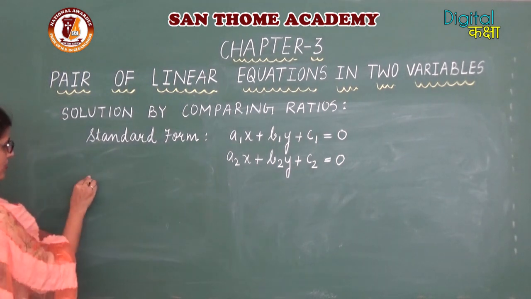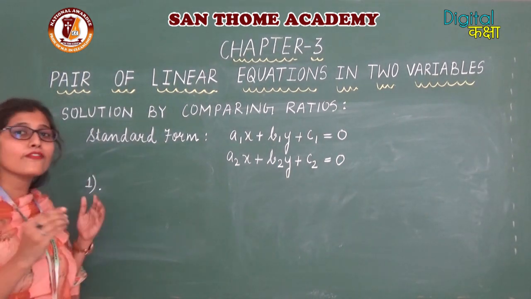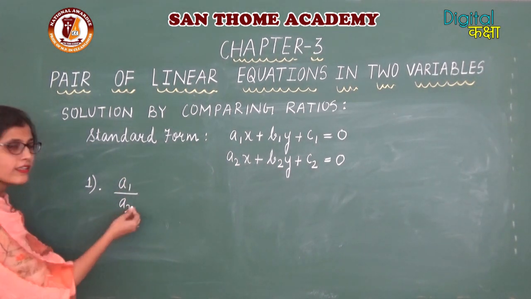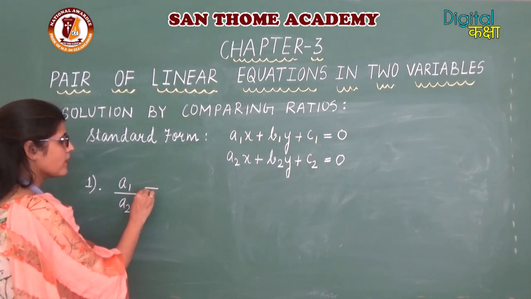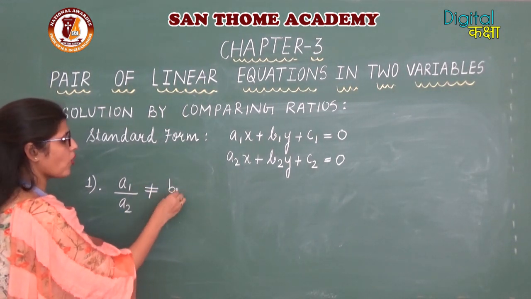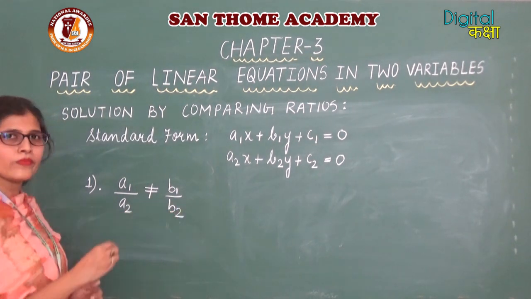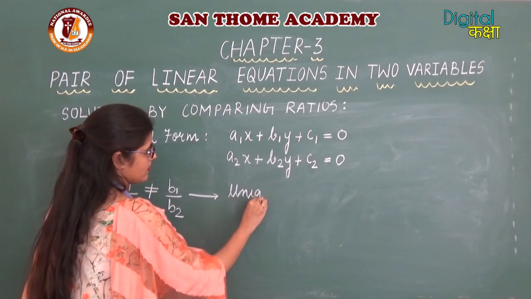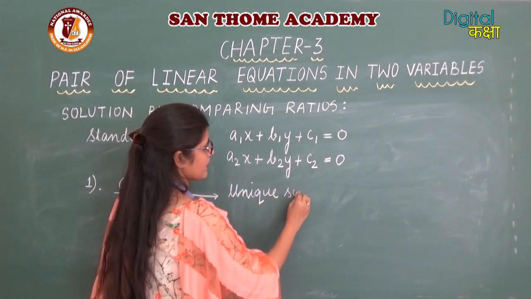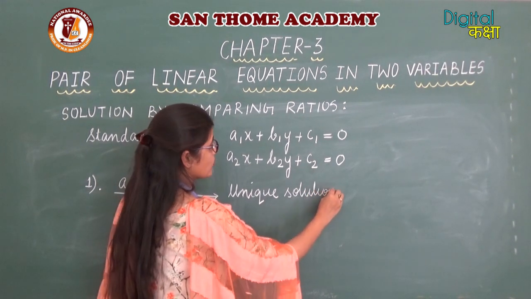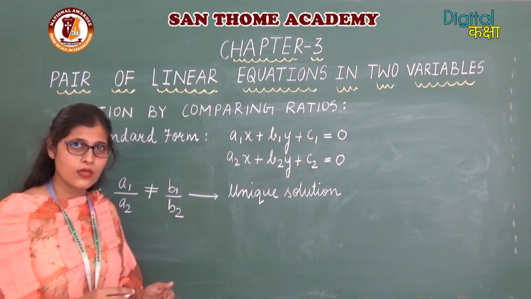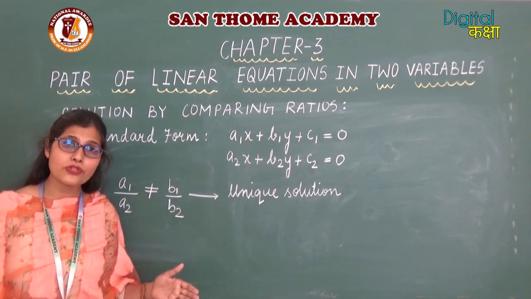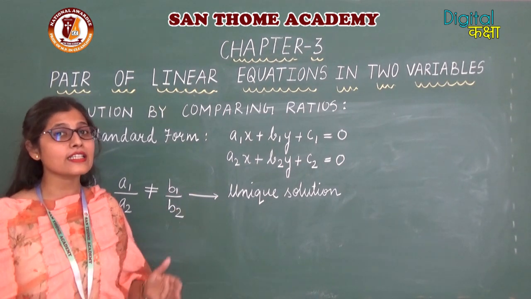Now, the first condition is: if the ratio a1 upon a2 is not equal to the ratio b1 upon b2, then we will be getting a unique solution. We have already discussed that when you are getting one single solution, then such a solution is called a unique solution.